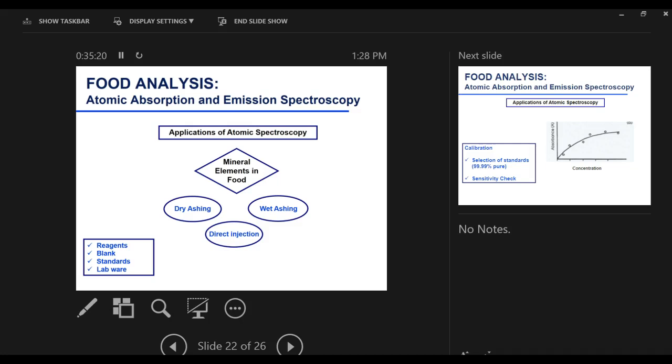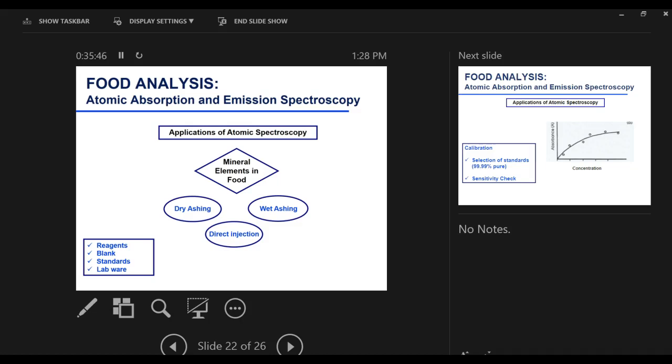Wet ashing is a different type of preparation where you put a combination of concentrated acids and digest your sample. So instead of burning it at really high temperature, around 470 to 550 degrees Celsius, you digest it somewhere between 200 to 250 degrees Celsius with concentrated acid.